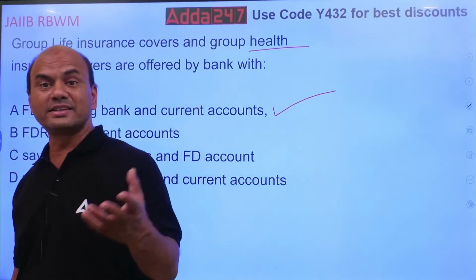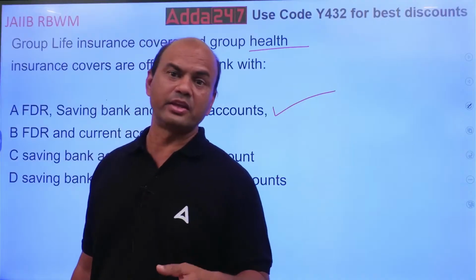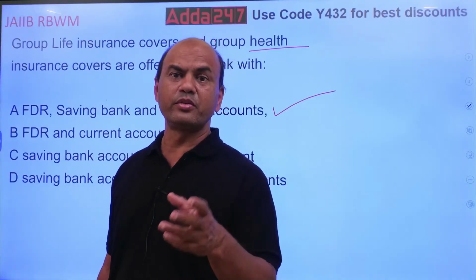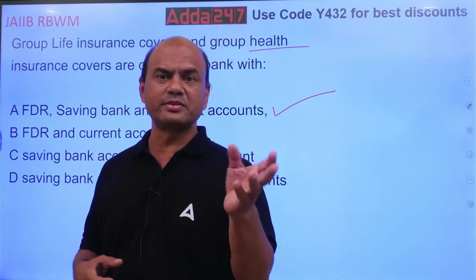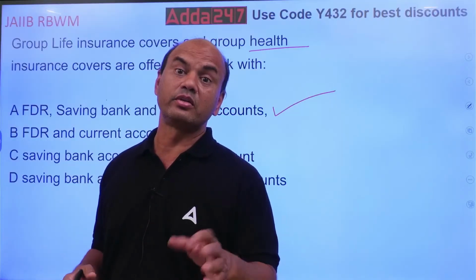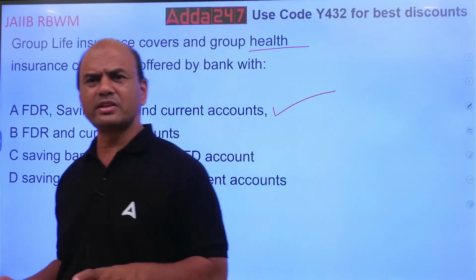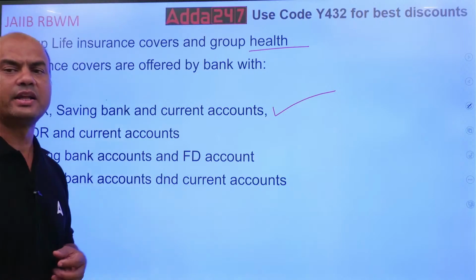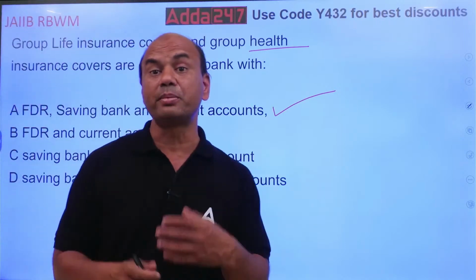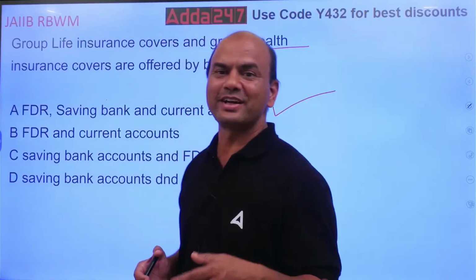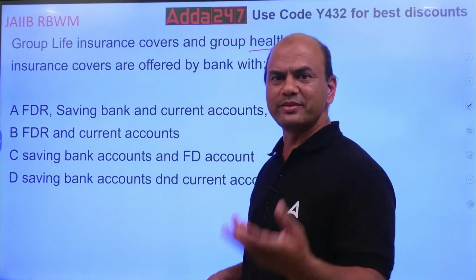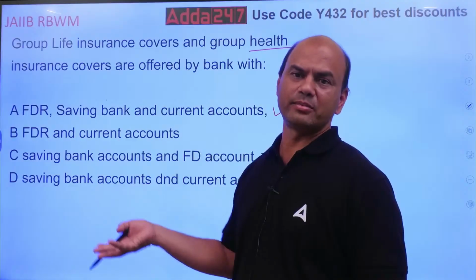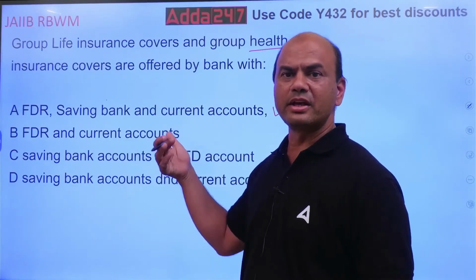Whatever I want, it is just an additional privilege given to the customers. Additional, like ice cream toppings. I am selling you ice cream, and then I will give you vanilla flavor, chocolate flavor, this flavor, that flavor. One-on-one free. These are all marketing gimmicks. Okay? So group life insurance covers and health insurance covers are given as toppings on that ice cream. You buy the savings account, the current account, the FDR, you will get life insurance.